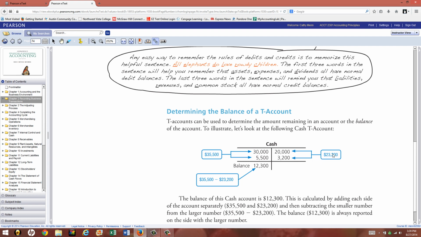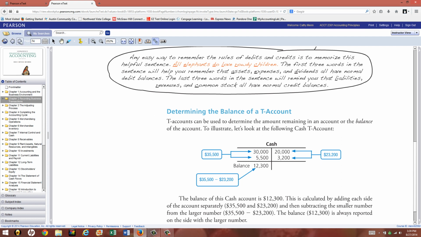You take the difference between those two. In this instance, it's $12,300, and whichever side is the bigger side, that's the one that still has the balance. So in this instance, cash has a debit balance of $12,300.